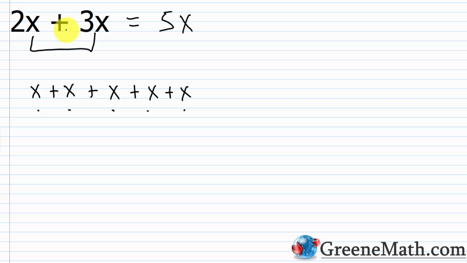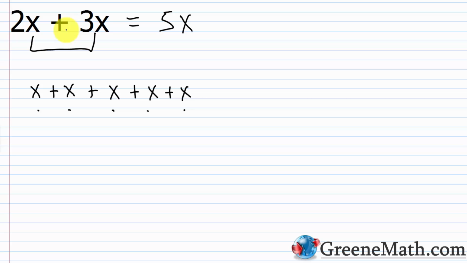And again, if I have 2 of something plus 3 of the same thing, I'm going to have 5 of something. So 2 apples plus 3 apples gives me 5 apples. 2 Honda Civics plus 3 Honda Civics gives me 5 Honda Civics, right? So on and so forth.